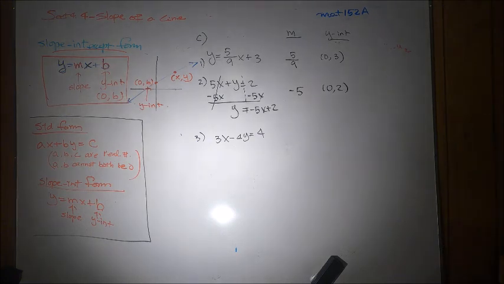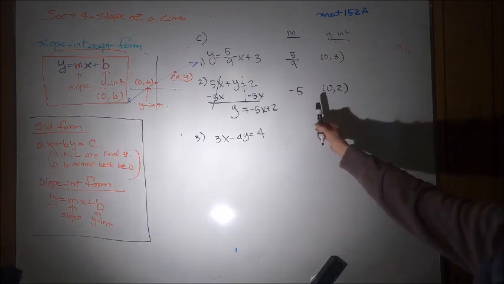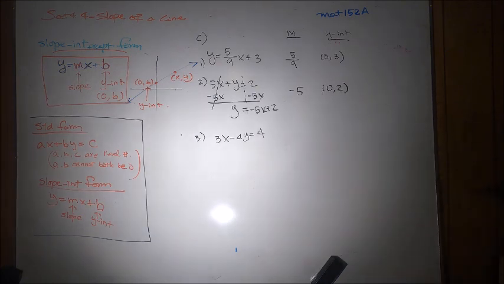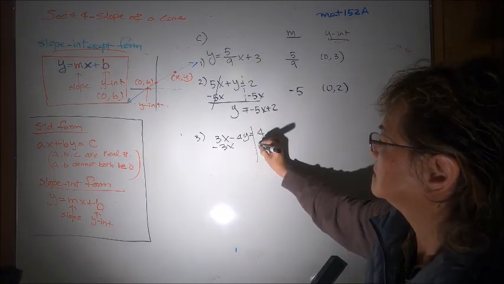So for this one, do we have a linear equation? Standard form or the slope-intercept form? It's a standard form, right? But to tell the slope and y-intercept, we need to change the standard form to a slope-intercept form by moving the x away, right?